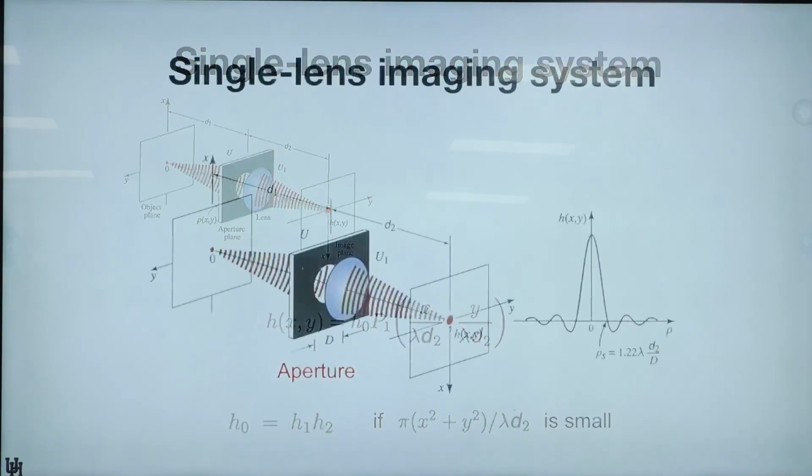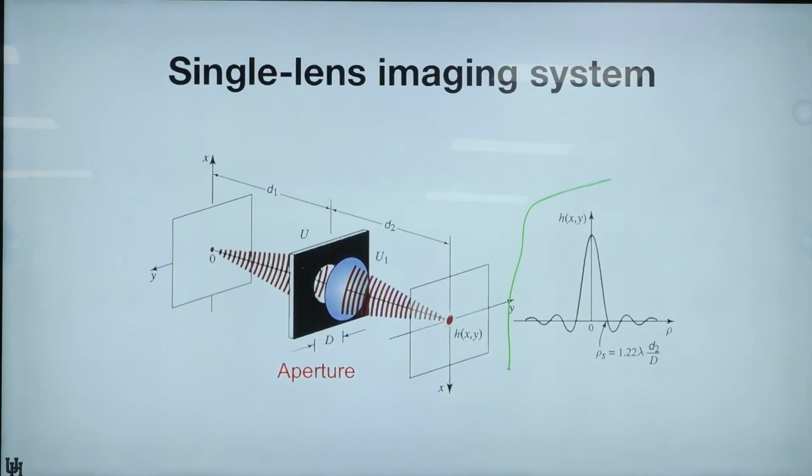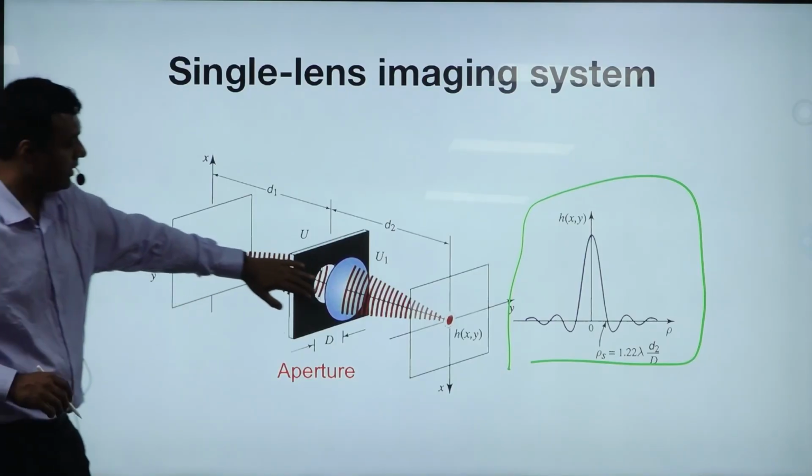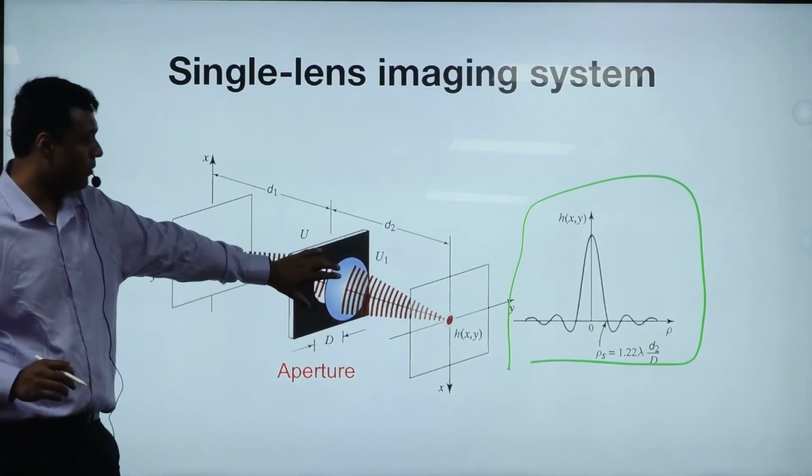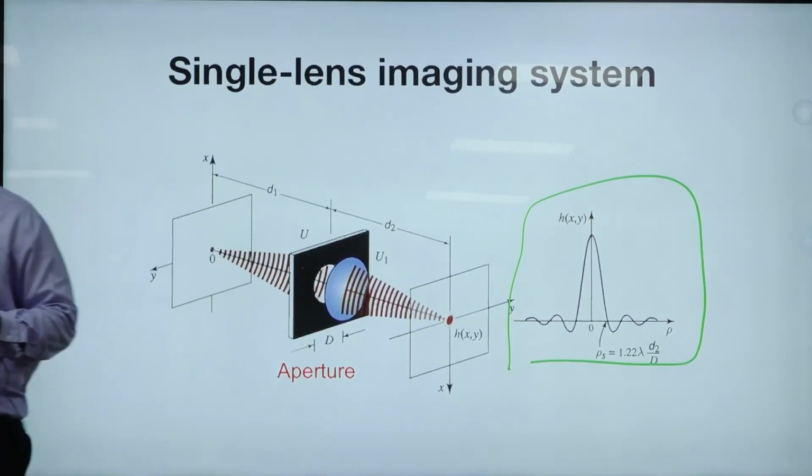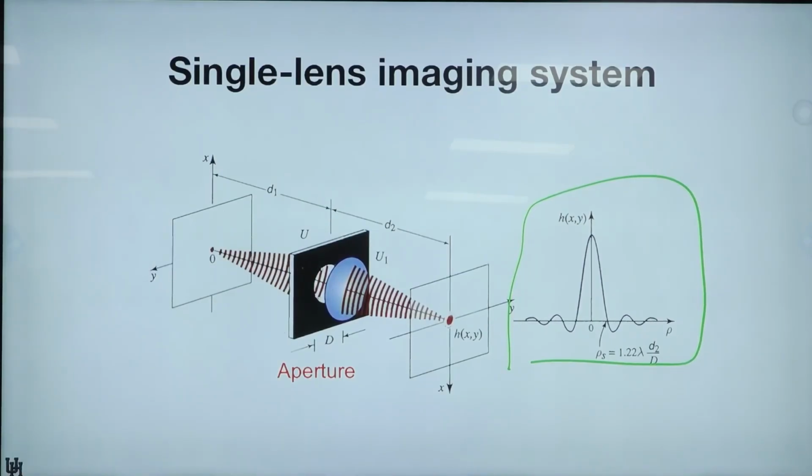The reason this is important is that what you see on the screen is a Fourier transform of the circular aperture.